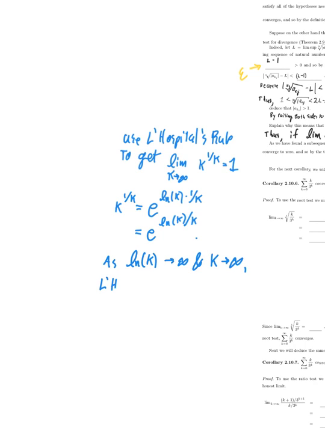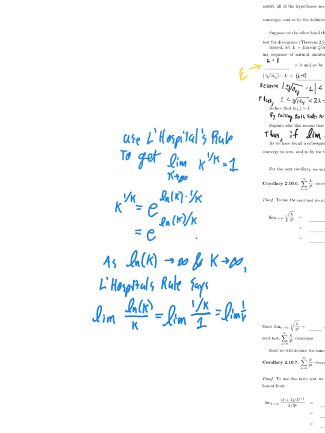L'Hopital's rule says that the limit of ln of k divided by k is equal to, take the derivative of both sides, the limit of 1 over k divided by 1, equal to the limit of 1 over k, which is something that you know, it's 0.